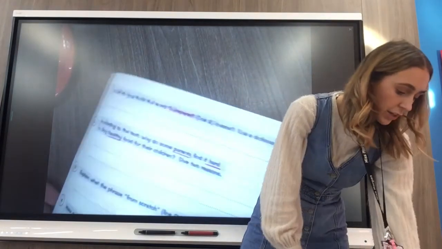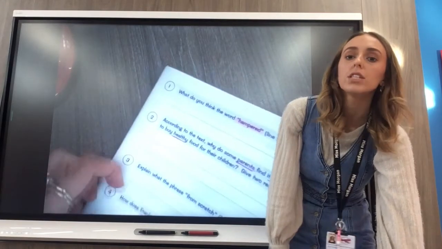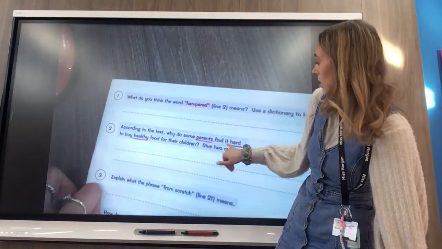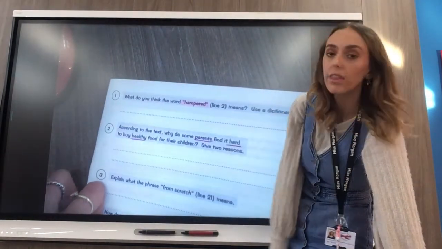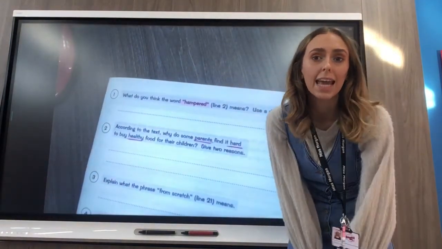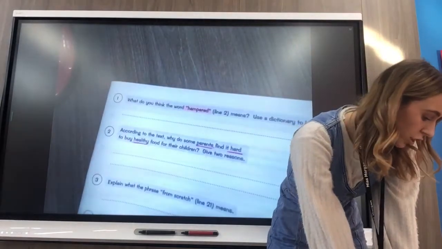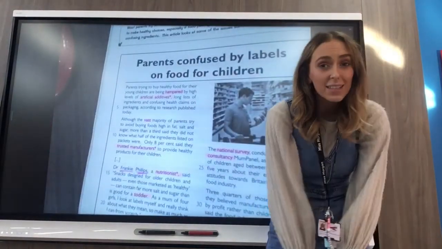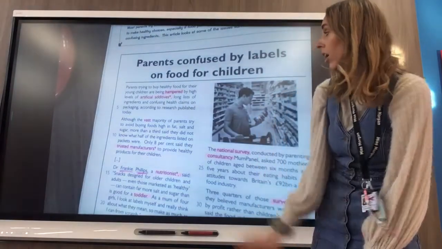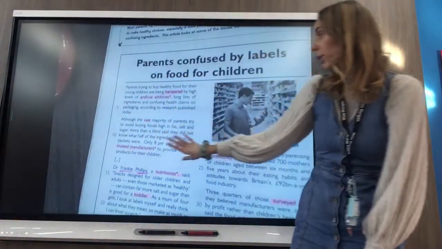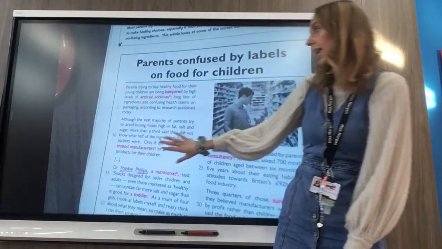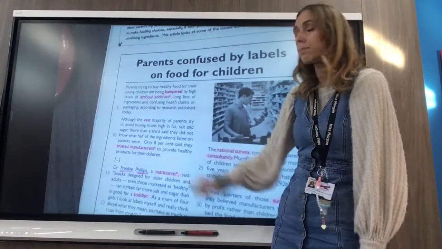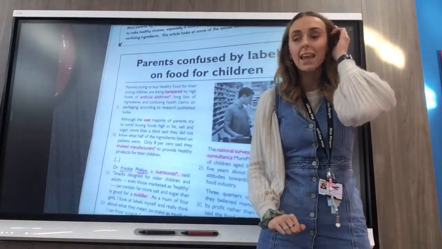Miss Morgan has underlined some important vocabulary here: parents, hard, and healthy, so that I know where I'm looking in the text. So you've got to find those 2 reasons why the parents find it hard. I'm going to give you a bit of a clue of where the answers are. The 2 answers should be here. You may find one reason in the first paragraph, and you may find another reason in the next paragraph.